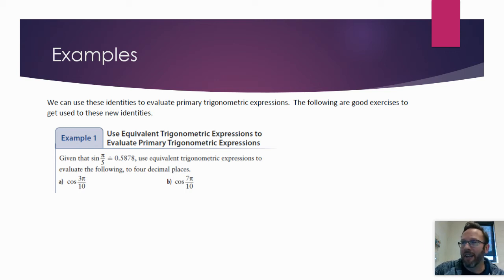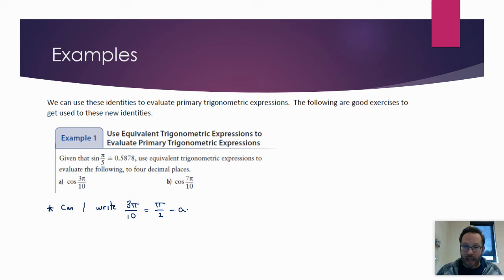Strong hint: they gave us sine pi over 5. Let's see how this works. So we'll just do A on this slide. I'm just going to make a little note here. Can I write 3 pi over 10 as pi over 2 minus some angle? I'm going to call that angle little a.